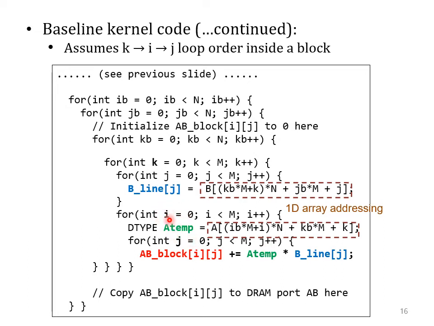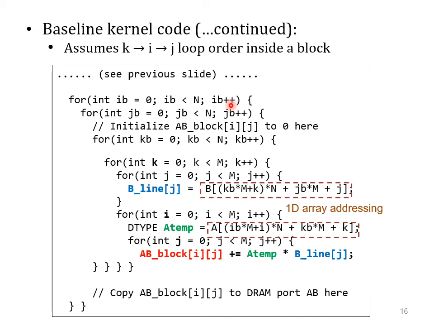And we should do these things for all the K loops as well. Then we're going to be done with the computation for one block of AB, and you should write the result to the DRAM here, which I'll omit the details. And then you can move on to the next block with these loops.